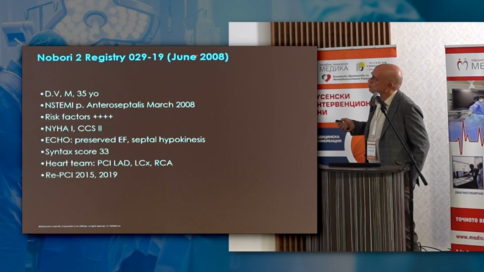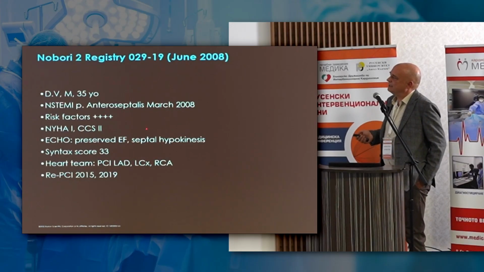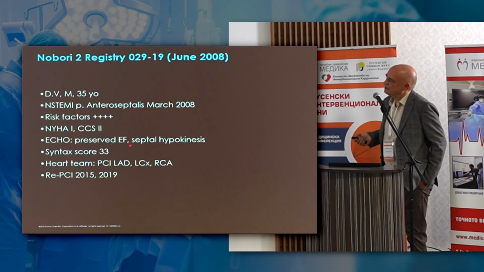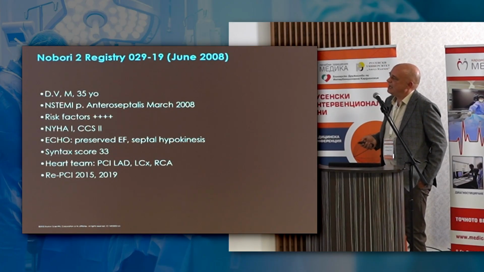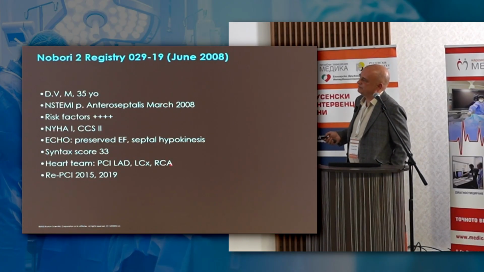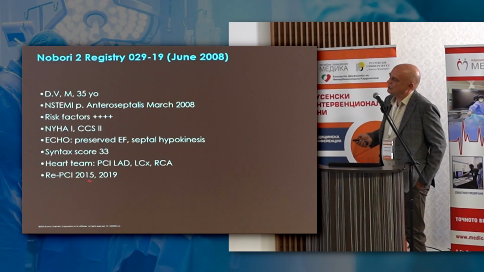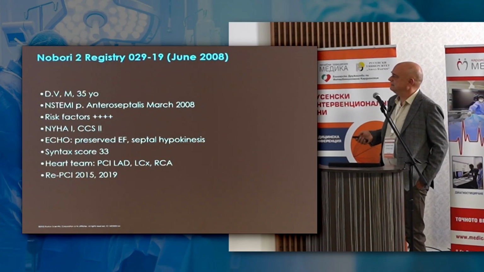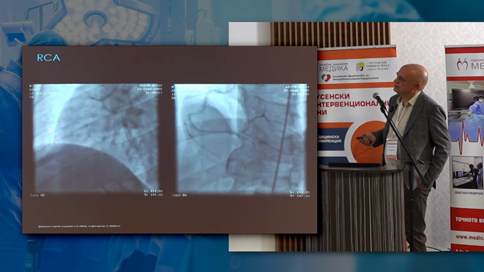So it was June 2008. At that time, a young patient, 35 years old, his father died at the age of 40, preserved ejection fraction and non-STEMI in March 2008. The SYNTAX score was 33, and the decision of our heart team was PCI of LAD, circ, and RCA. Of course, after that, reinterventions were in 2015 and 2019. This is the film from 2008.